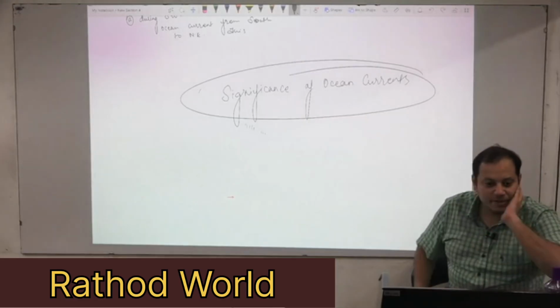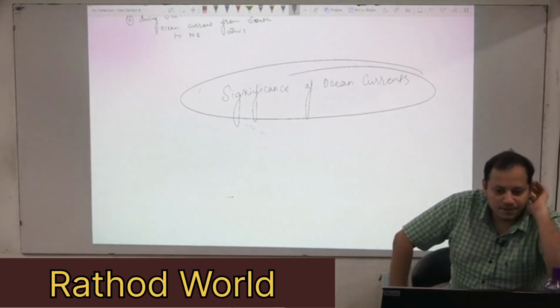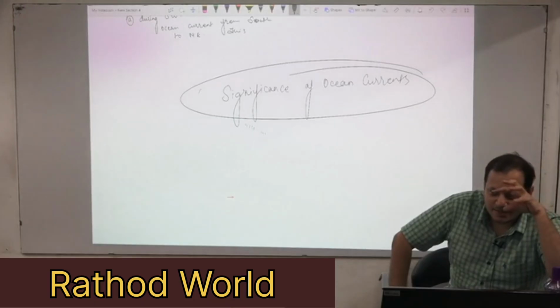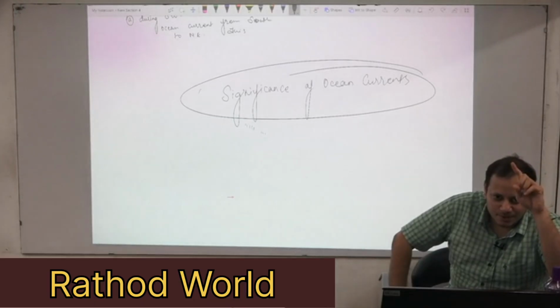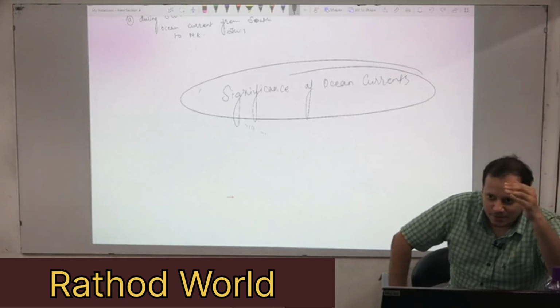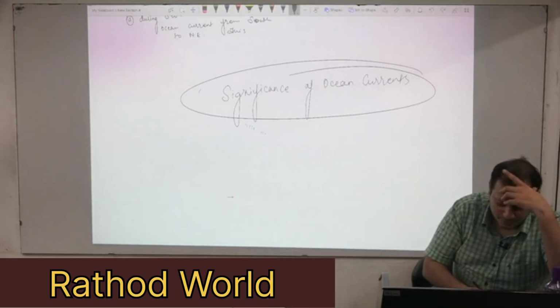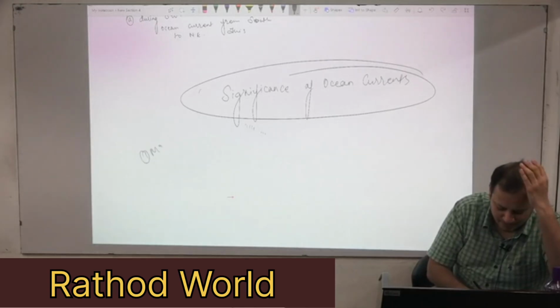If there were no ocean currents, what would happen? Can I say excess heat from the equator is transported to the poles and the polar colder water is brought to the equator, thus helping in maintaining the balance. Fine.